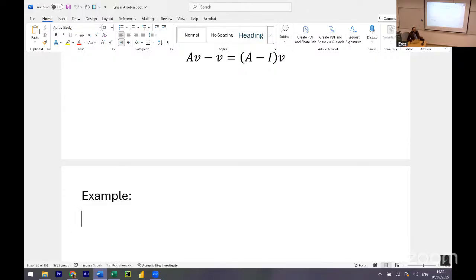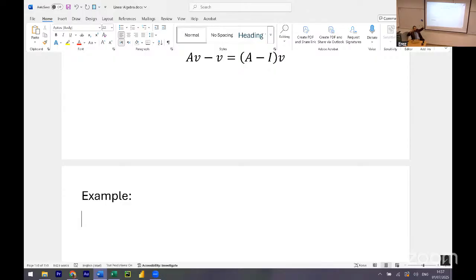So let me give you an example. What is the acceleration in a free fall? It's a bit of physics. Gravity, 9.8. It's the g, right? By the way, if you drop a feather and a bowling ball, which one will arrive first to Earth? It's not a trick question. The bowling ball first, right?